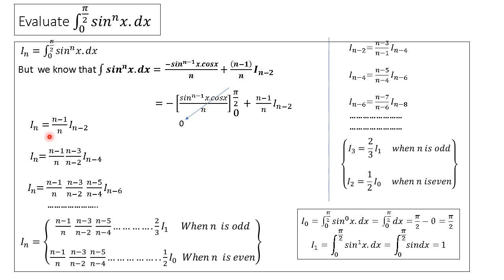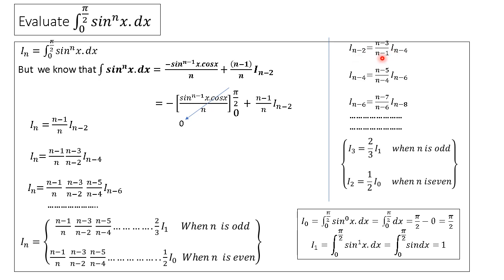So we obtained the value of I_n when I_(n minus 2) is known. Now, to find the value of I_(n minus 2), we put n equal to n minus 2 in I_n. We get I_(n minus 2) equal to (n minus 3) divided by (n minus 2) into I_(n minus 4).